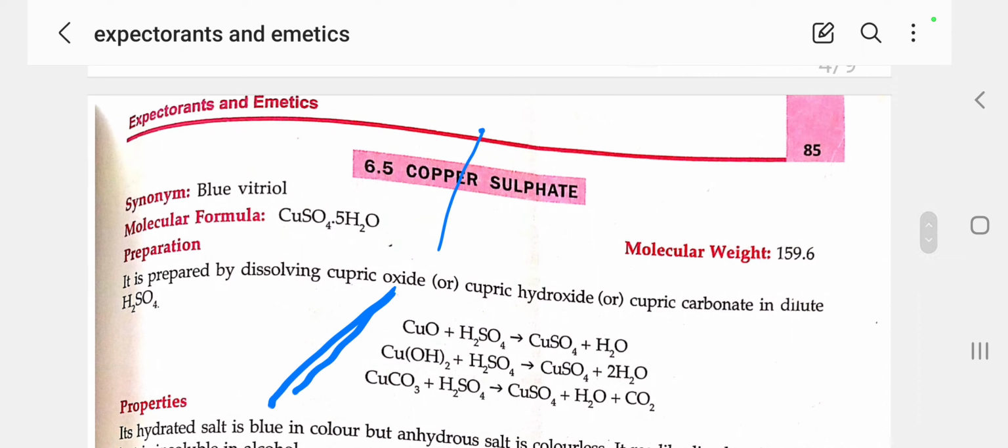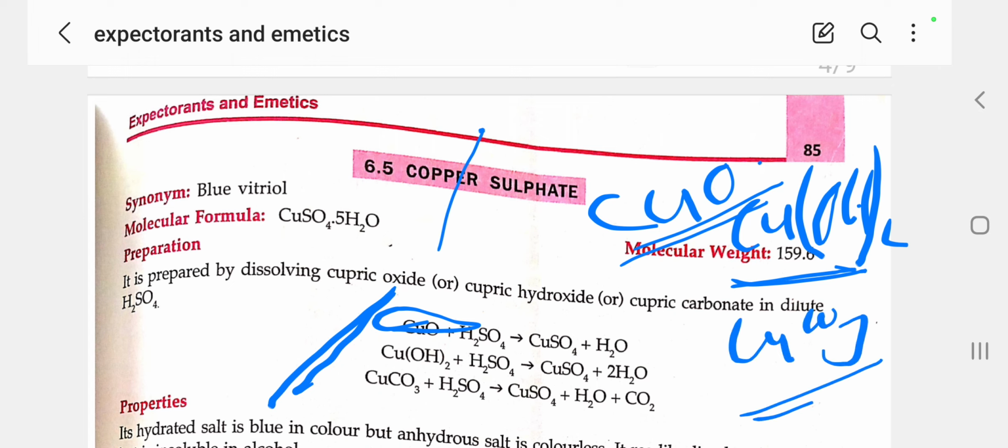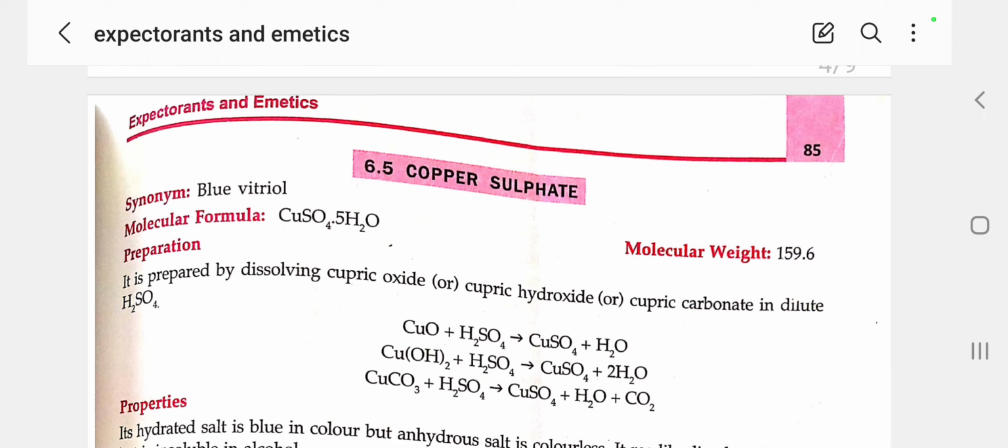Cupric in the form of cupric oxide CuO, next cupric hydroxide Cu(OH)2, or cupric carbonate CuCO3. It's very easy to recall the method of preparation of copper sulfate.